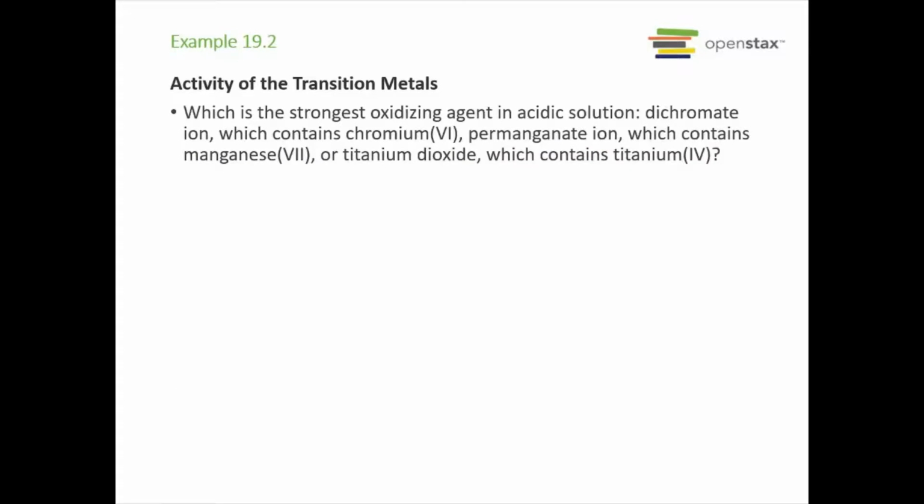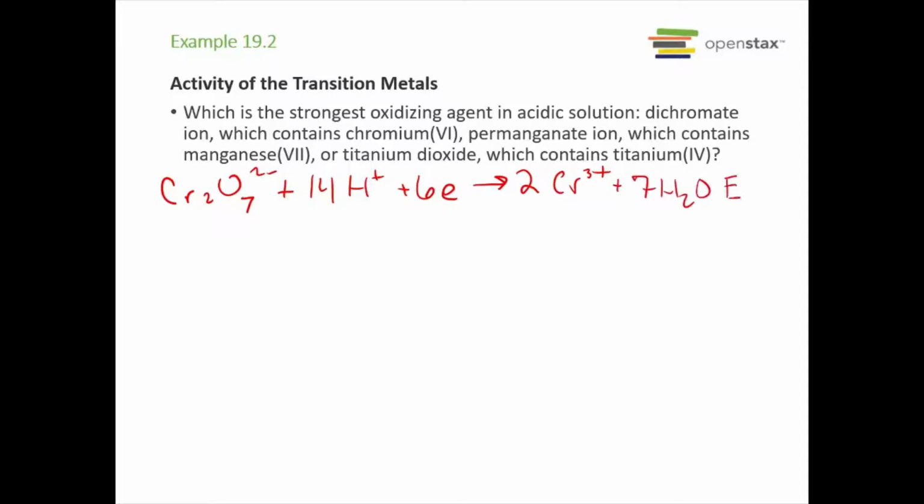So we have an example here. We want to know what the strongest oxidizing agent is in acidic solution. We have dichromate ion, which has chromium 6+, permanganate, which has manganese 7+, or titanium dioxide, which has titanium 4+. A way to start is to look up the reduction half reactions for each of these oxides in their oxidation states. For dichromate, that reaction is Cr2O7 2- + 14H+ + 6e- gives 2Cr3+ + 7H2O, and it's 1.33 volts.